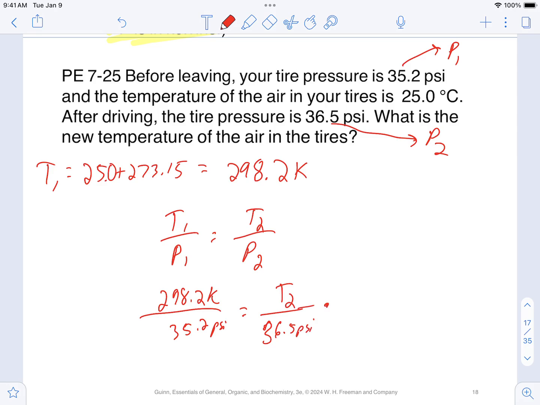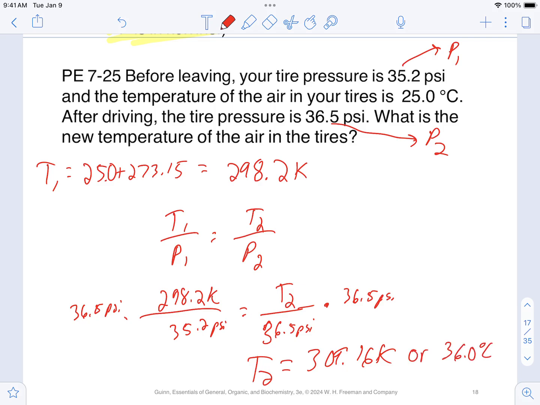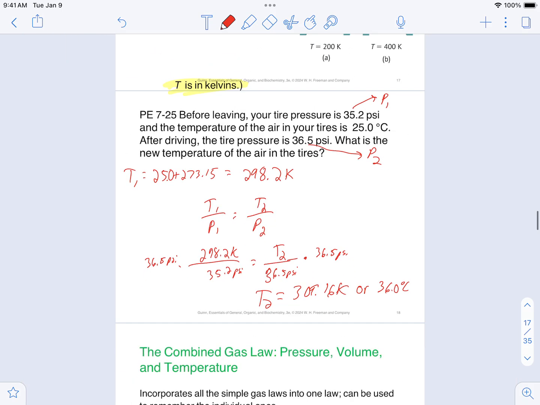And again, we're going to be multiplying both sides by the denominator. And our T2 equals 309.16 Kelvin, or 36 degrees Celsius. So that is Gay-Lussac's law.